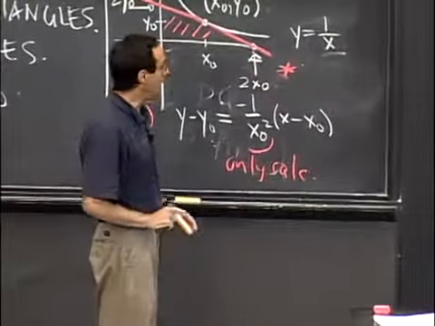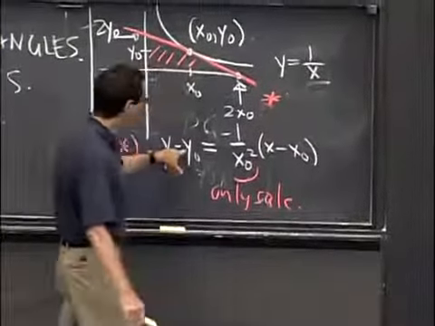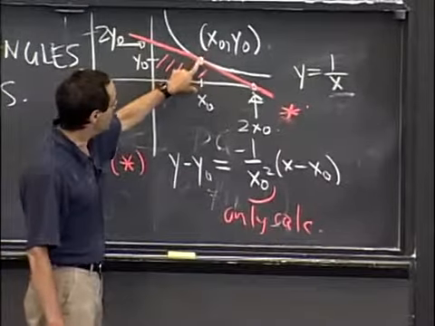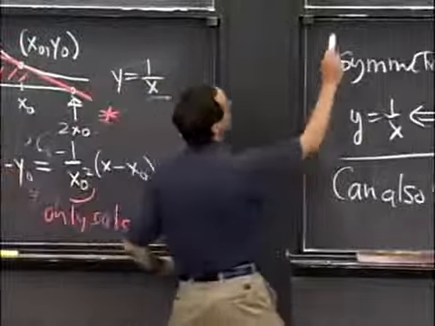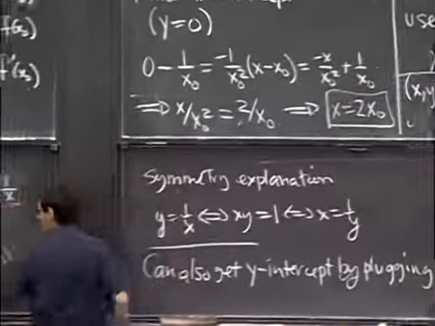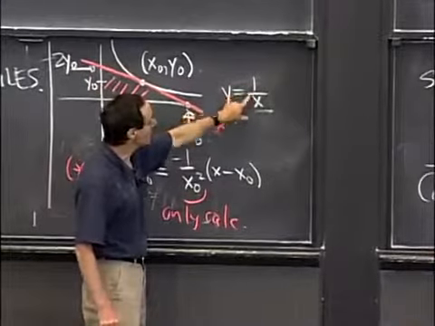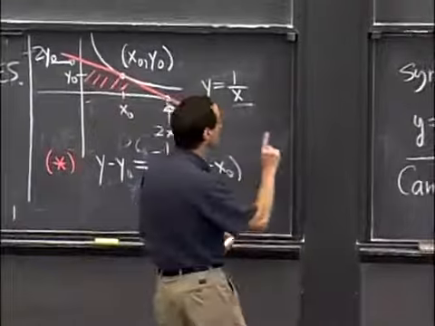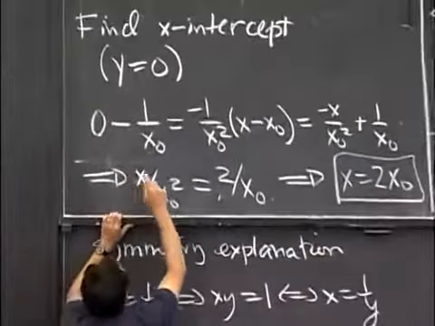So why is that? Well, notice that the first time that I got a formula for y0 here, it was this point. And so the formula for y0, which I plugged in right here, was from the equation of the curve, y0 equals 1 over x0. The second time I did it, I did not use y equals 1 over x. I used this equation here.